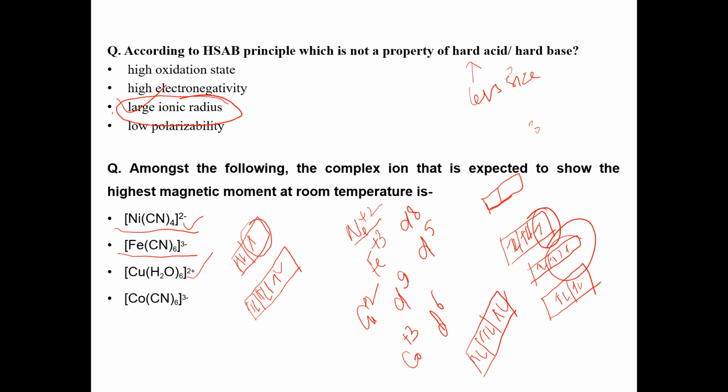So moving to the next problems. Okay, so just confirm among these two, and while calculating, just keep in mind which one can contribute to orbital magnetic moment also.